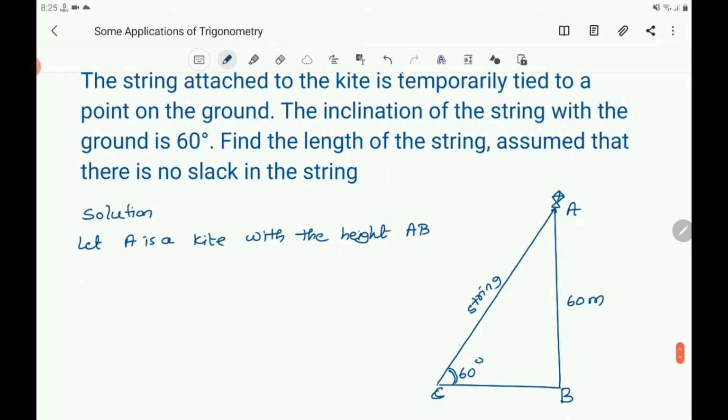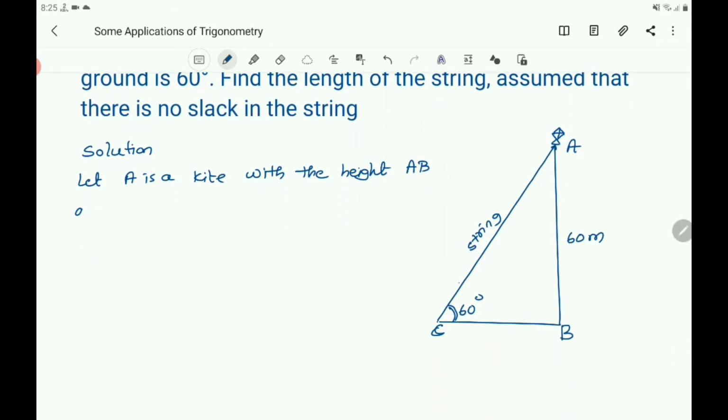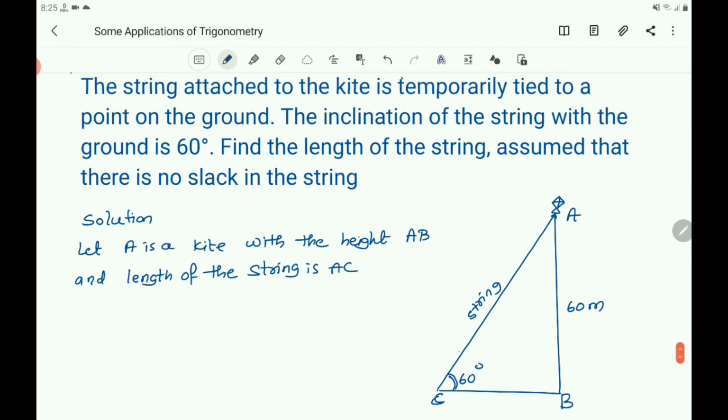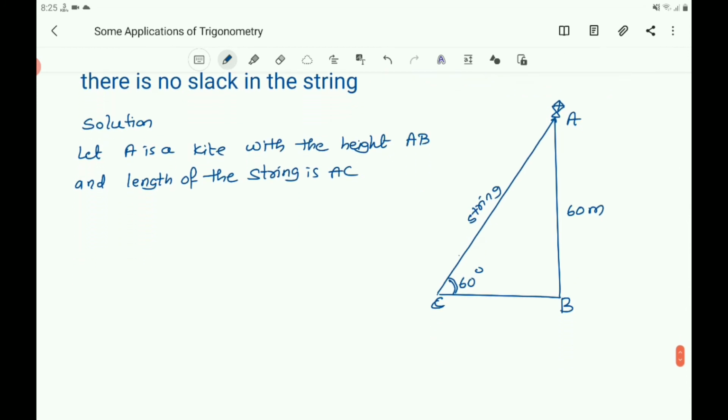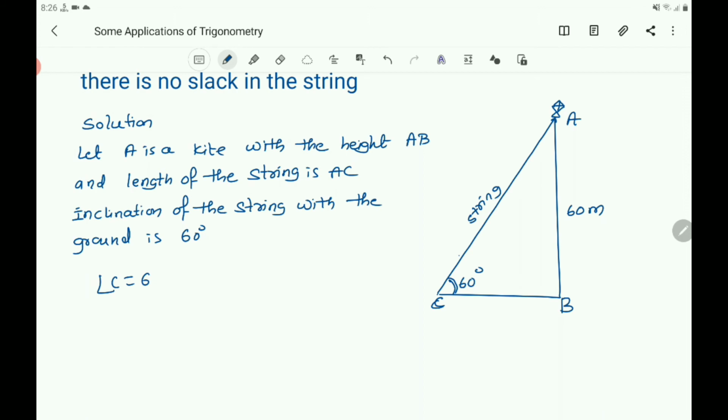AC is the length of the string, and the inclination of the string with the ground is 60 degree. That is, angle C equals 60 degree.